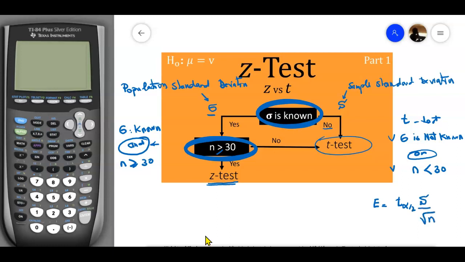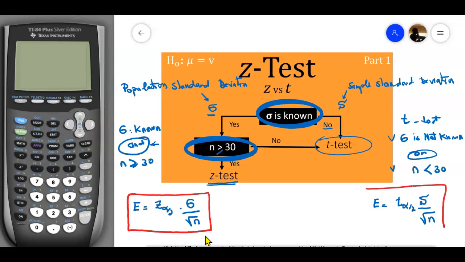However, if you're using the z-test, it's almost the same thing, but instead of t it is z alpha over 2, and instead of s you use sigma, divided by radical n. That's the only thing that changes between the calculations, besides the table. I will show you later in the example how we're going to use the E.